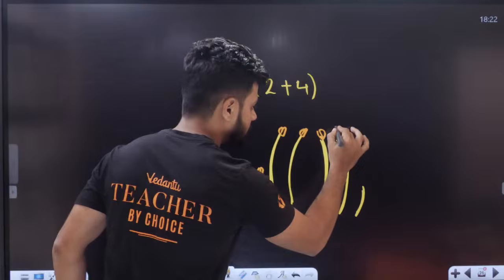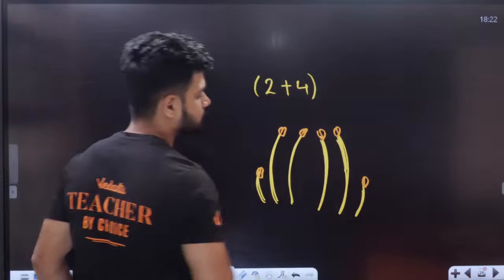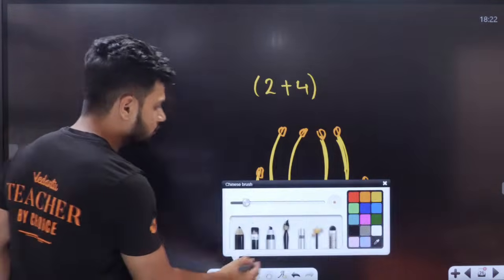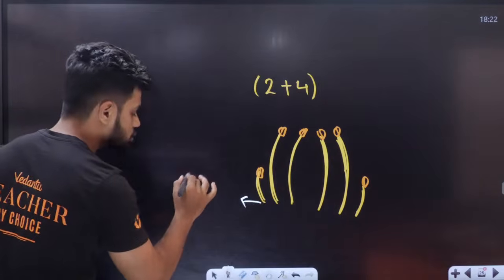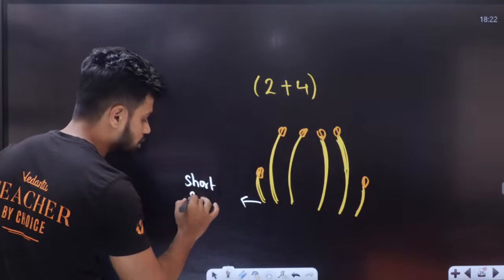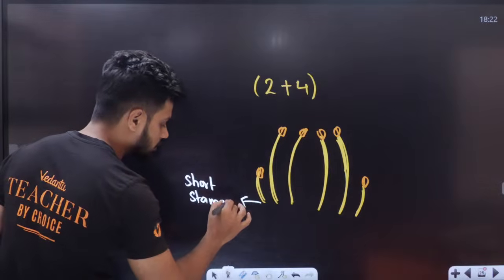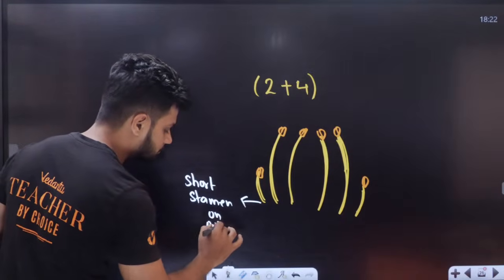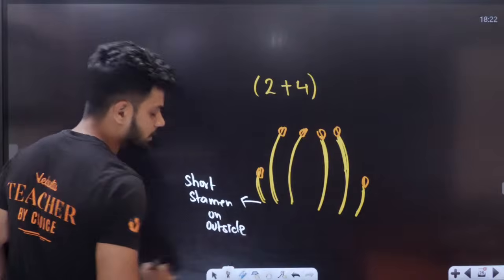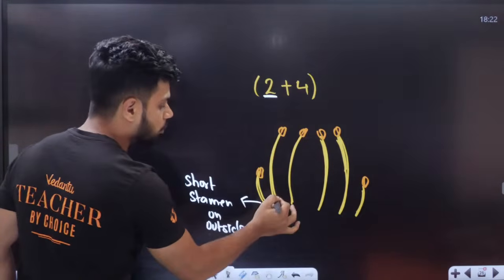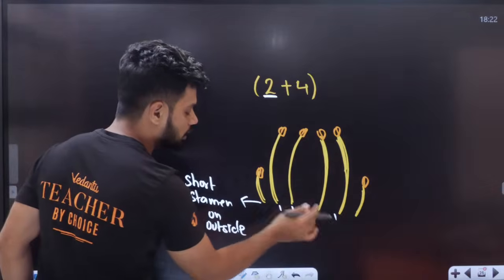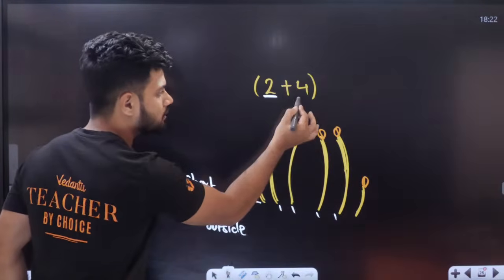Tell me students, here we have 2 shorter ones on the outside. That is short stamens on the outside. Can you see here? That is 2 here. And 4 on the inside. 1, 2, 3, 4. 4 long ones on the inside.